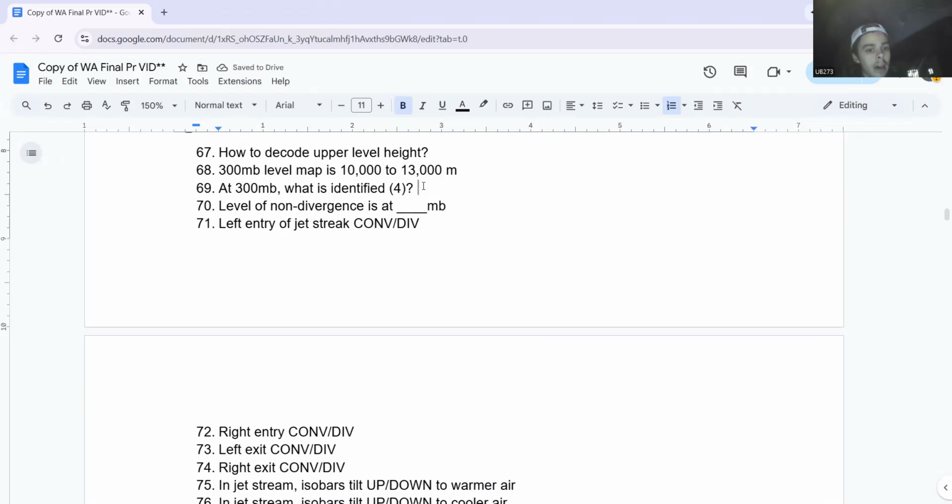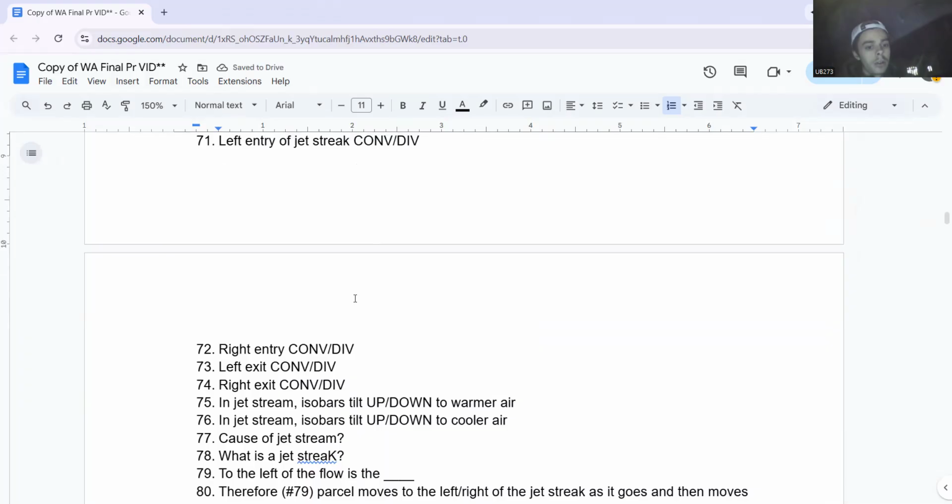What is identified at this 300 millibar level? At the 300 millibar level, we can see long wave patterns, blocking patterns, the jet stream and jet streaks, and upper level lows. The level of non-divergence is at approximately 500 millibars.